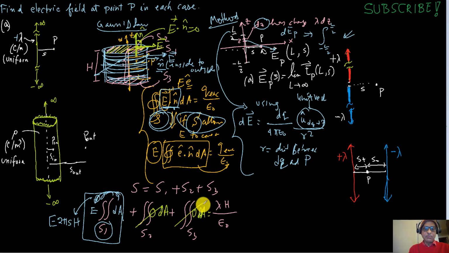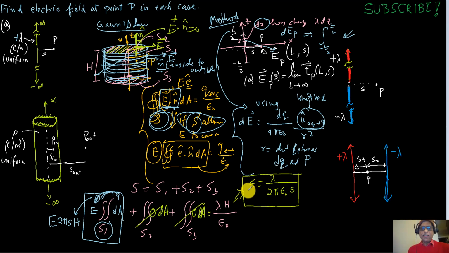So these will be 0, and so from here we get the electric field magnitude: H cancels out from both sides, as it should because it was arbitrary, giving lambda over 2 pi epsilon naught s. S is the distance from the wire.